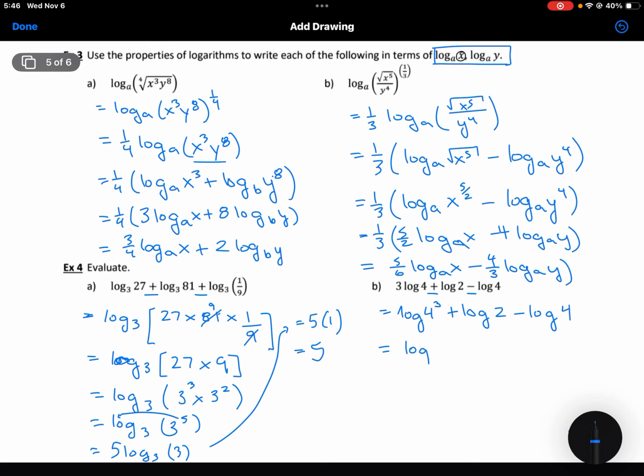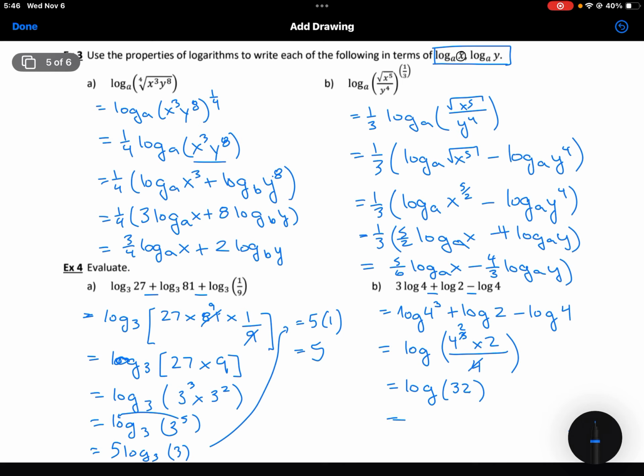The first two are adding, so I'm going to multiply those arguments together. And the third one is being subtracted, so I'm going to divide that, or I'm going to put that on the denominator. This is going to leave me with 4 squared times 2, which is log of 32.